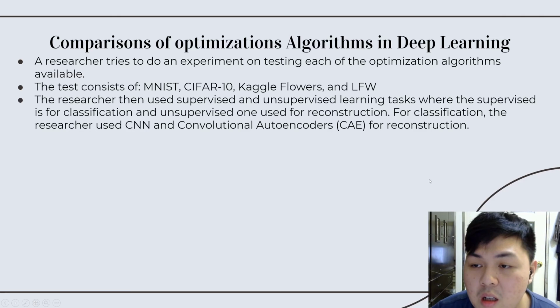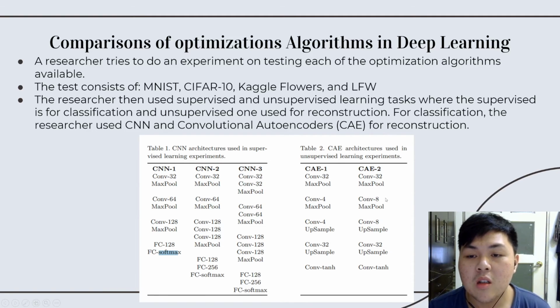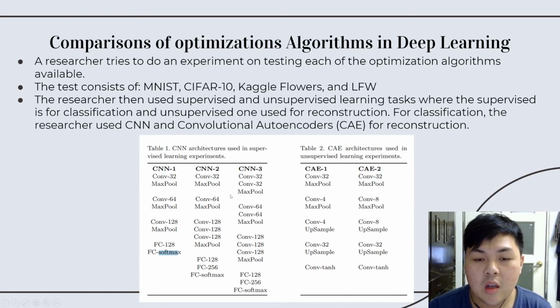For classification, the researcher used a convolutional neural network, and for the reconstruction, she used convolutional autoencoders, as you can see from the table below.